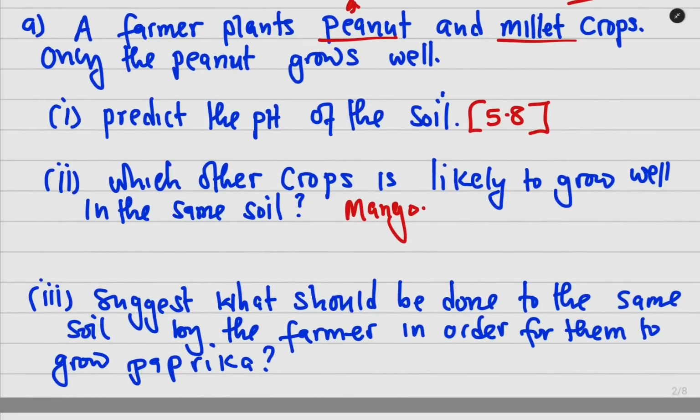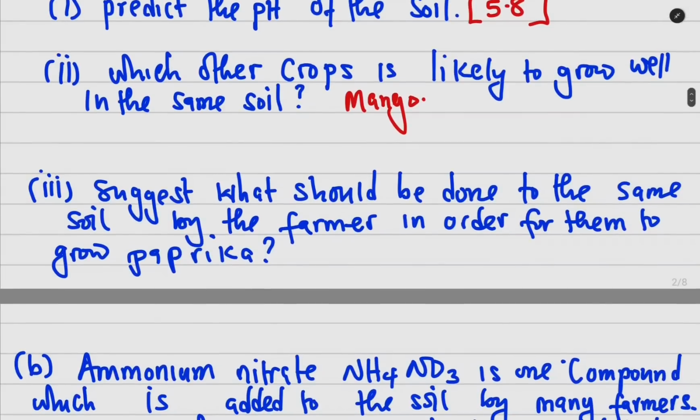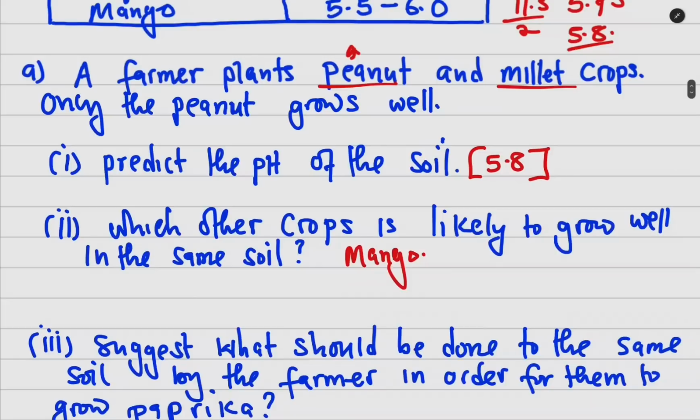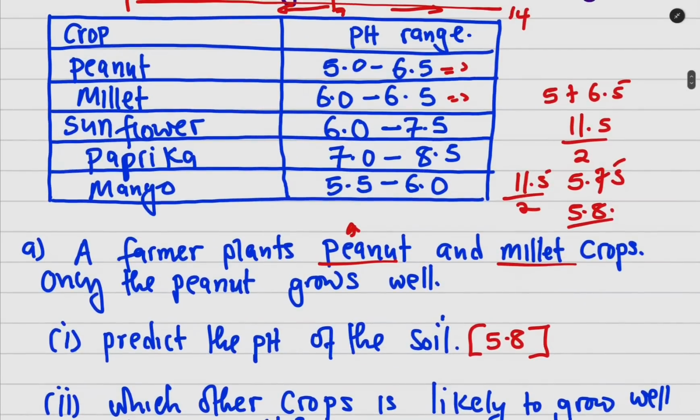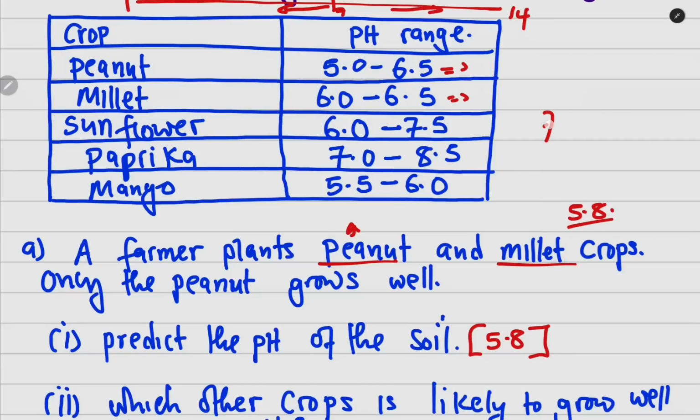Okay, now they are saying what should be done to the soil in order for the farmer to grow paprika. We are going to go back and look at the pH for paprika. So the pH for paprika, we can say 7 plus 8.5, which is 15.5.